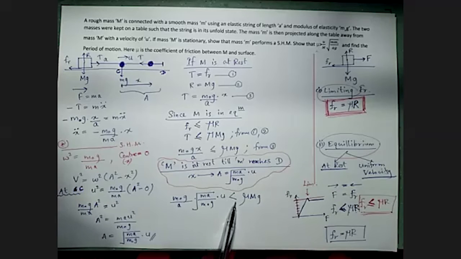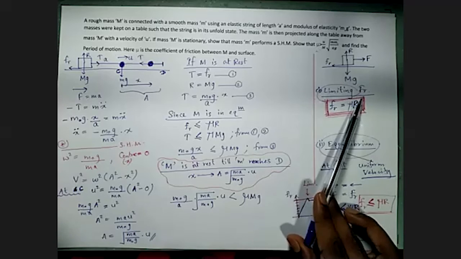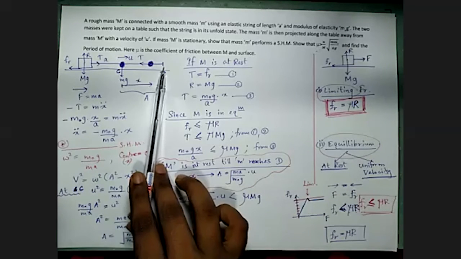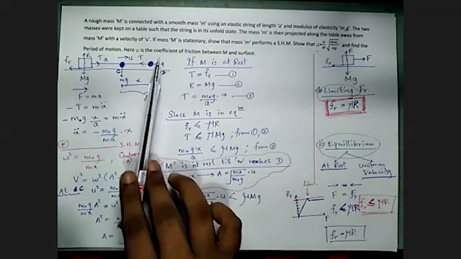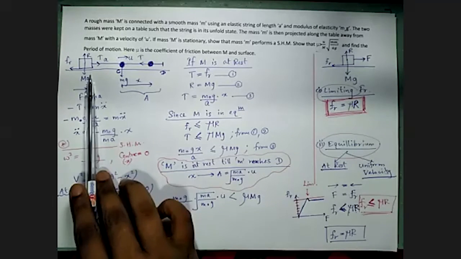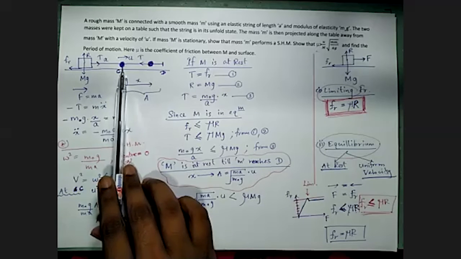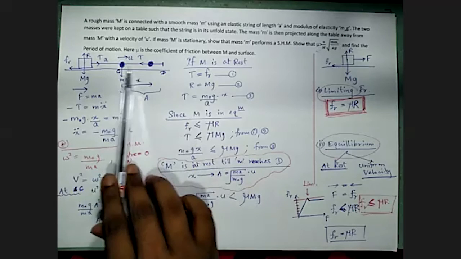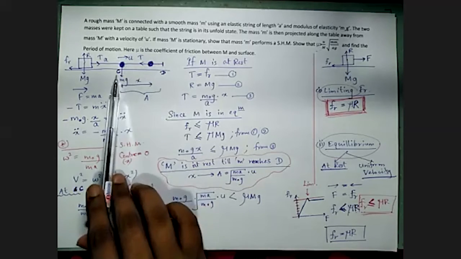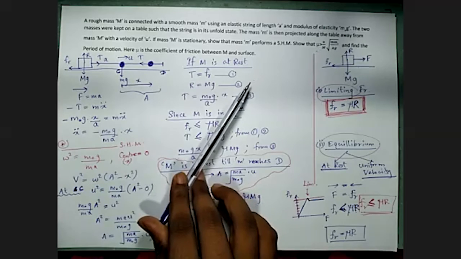If I want to put the equal mark, it should reach limiting friction when m is reaching d. Even though this m particle is reaching d, still M is stationary. That means m can go beyond d as well, but for simple harmonic motion, the maximum it can move is d, but still it can move beyond d if it is allowed.